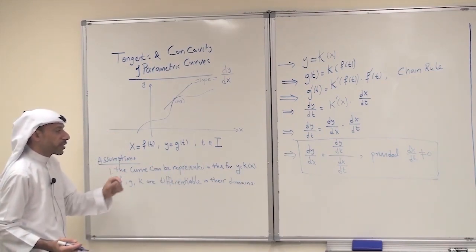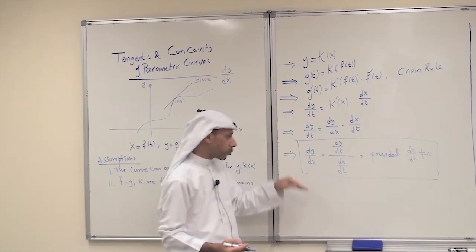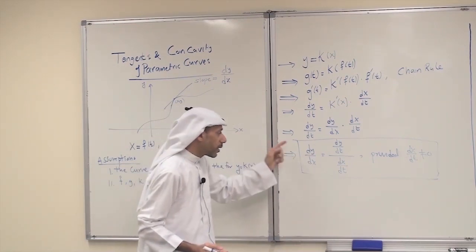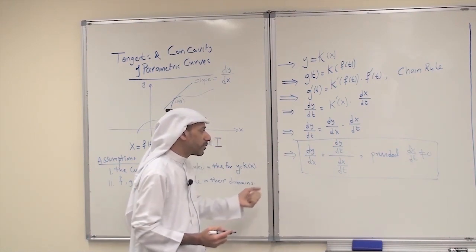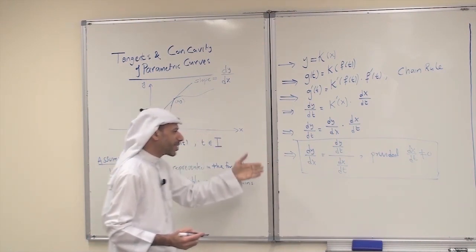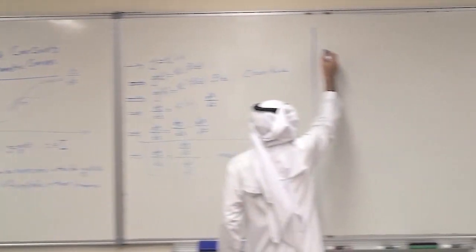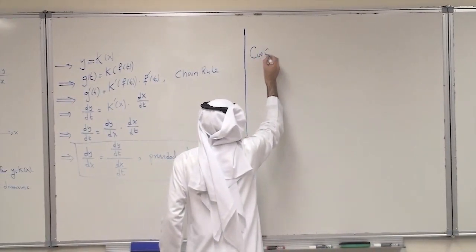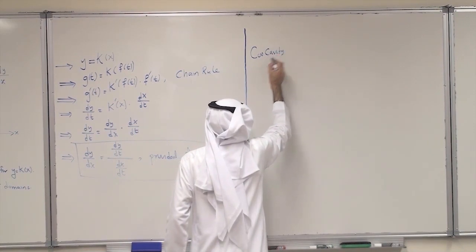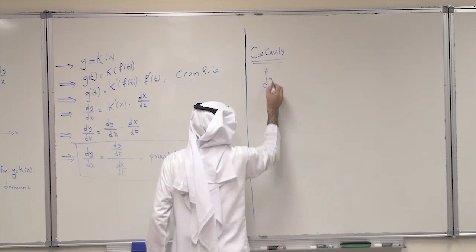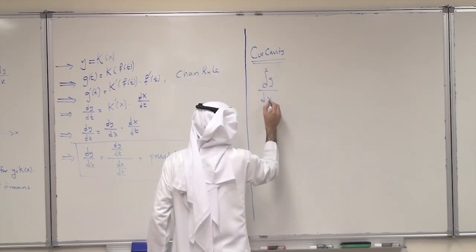Now for concavity. For concavity, as in Math 101, you have to find the second derivative. We need to find the second derivative. And we can find the second derivative in almost a similar way. So here, for concavity, I need the second derivative, d2y/dx2.